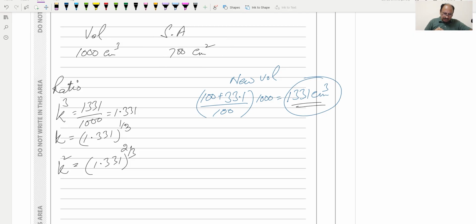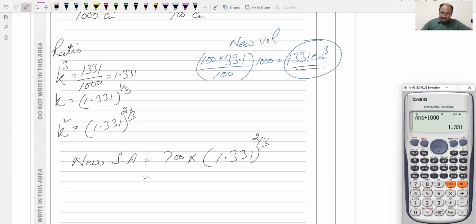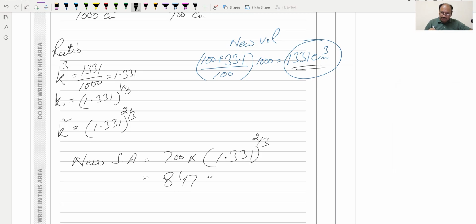The new surface area will be equal to 700 multiplied by 1.331 whole raised to 2 by 3. If we calculate this, raised to the power 2 over 3 and multiplied by 700, this is equal to 847 centimeter square. So 847 centimeter square basically is the surface area. This will be the new surface area which is required.